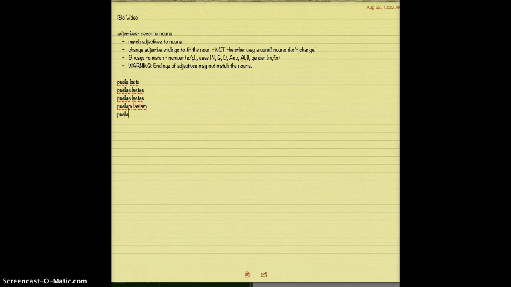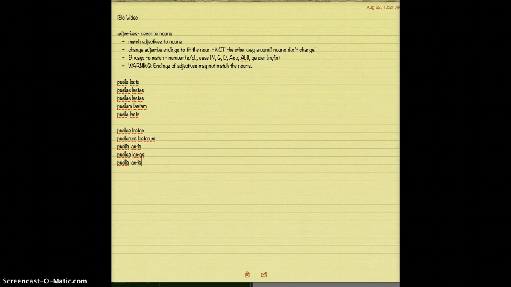Puella, laeta for that ablative singular, puellae, laetae, puellarum, laetarum, puellis, laetis, puellas, laetas, and puellis, laetis.